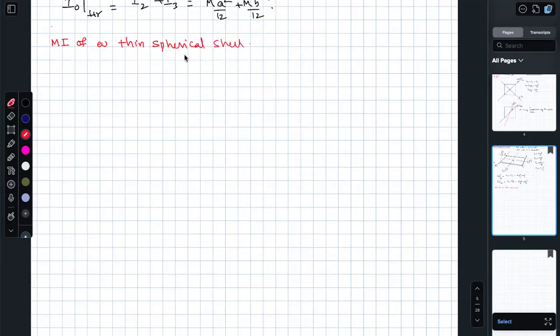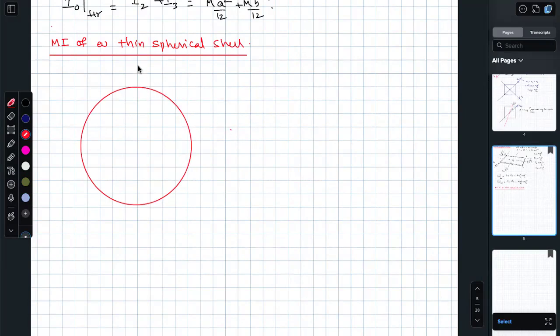Thin spherical shell. I'm just giving basics. Now we have a thin spherical shell like this, and this is the axis of rotation. About this diametrical axis, I want the moment of inertia.